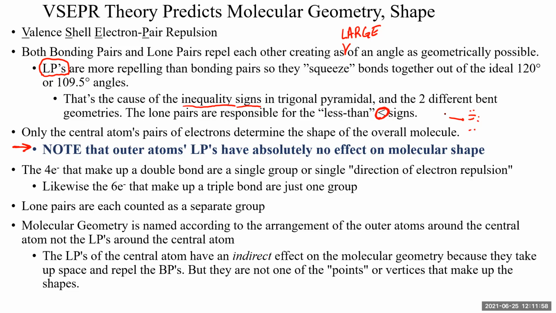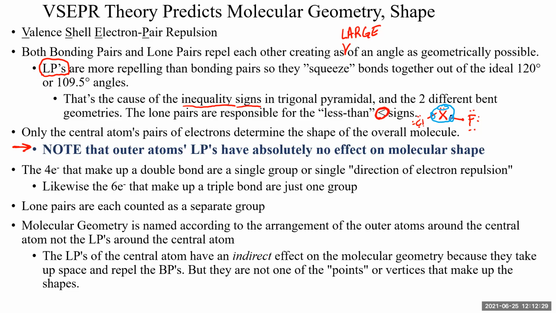Only the central atom's lone pairs matter, and the combination of bonding pairs and lone pairs. So no matter how many lone pairs fluorine or chlorine or oxygen or whatever has, they don't matter. Only the central atom's combination or different groupings of electrons affect the shape of a molecule.